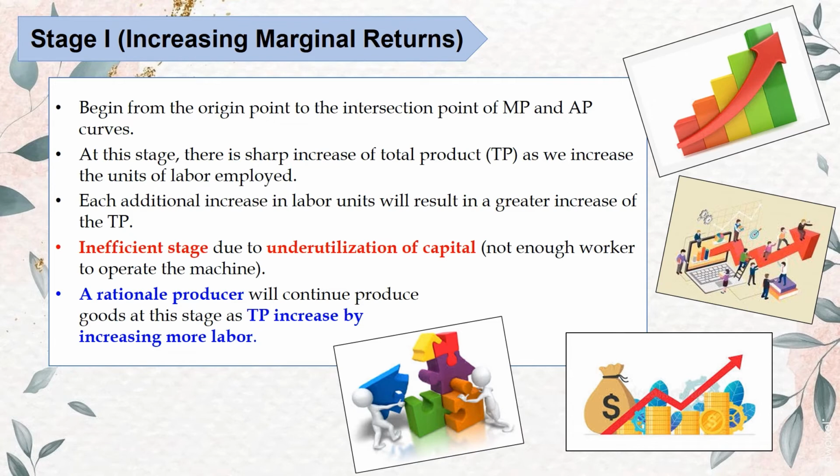So, this is inefficient stage due to underutilization of capital or fixed input, such as not enough worker to operate the machine. The TP also is not at its maximum. A rational producer will continue produce goods at this stage as TP increase by increasing more labor.